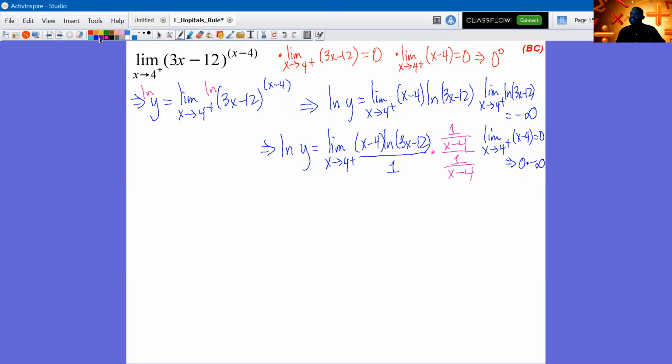That gives me another form, and that new form is natural log y equals the limit as x approaches 4 from the right of natural log of 3x minus 12 over 1 over x minus 4. We got a new form, so we're going to check limits again.